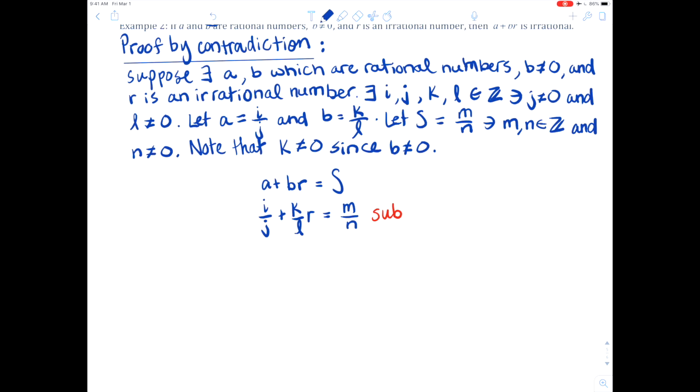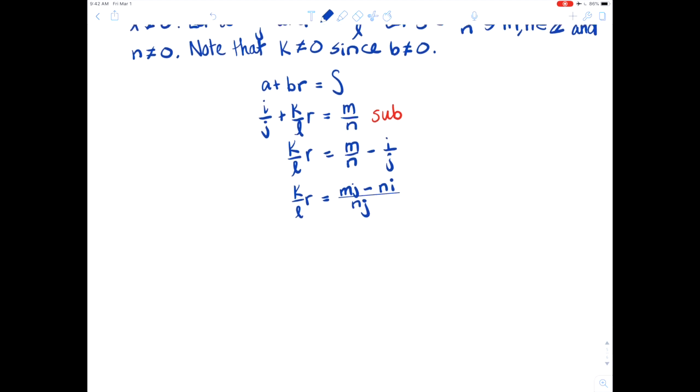So let's do it. If I subtract I over J from both sides, I'll get K over L times R is equal to M over N minus I over J. So K over L times R, getting a common denominator, is going to be N times J, and then we'll have M times J minus N times I in the numerator. Furthermore, you can multiply both sides by the reciprocal.